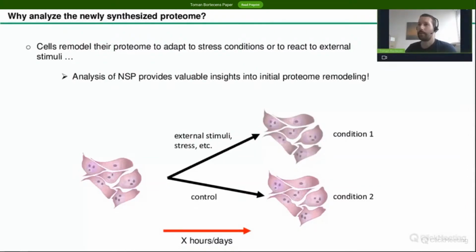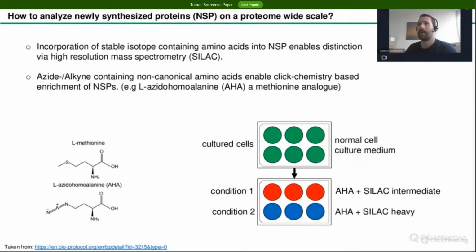If we then want to carry out such an analysis of the newly synthesized proteins, or NSP for short, on a proteome-wide scale, there are a number of methodologies available. But essentially all of them rely on the concept of metabolic labeling.